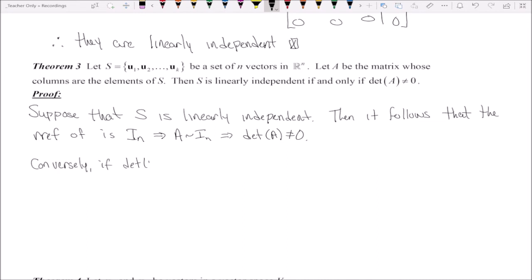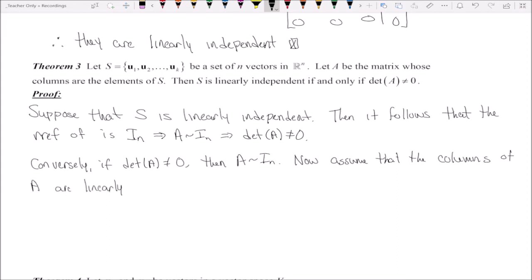Now, conversely, if the determinant of A is non-zero, then recall that this means that A has to be row equivalent to In. Now assume that the columns of A are linearly dependent.